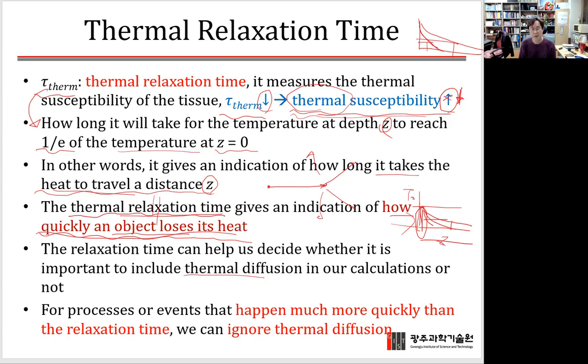So for anything that happens in a time smaller than the relaxation time, we can ignore the thermal diffusion because it happened very quickly. Before the heat is conducted to the surrounding tissue, the event has already stopped, so we can ignore the thermal diffusion.